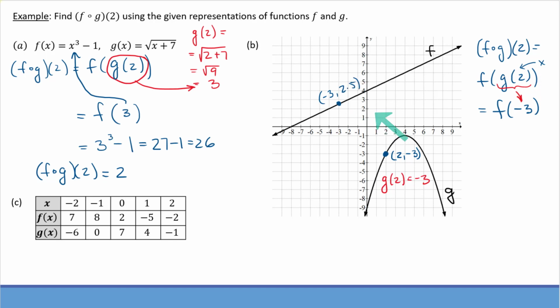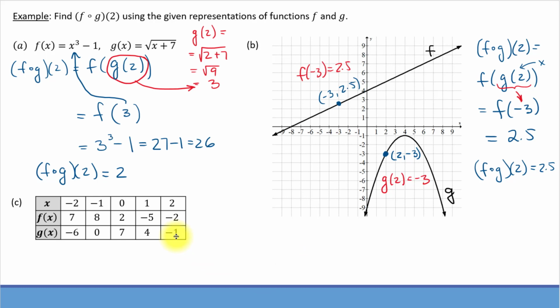Which means that f of negative 3 equals 2.5. And that's going to be our answer right here. So f composed with g of 2, in this case, based on the newly defined functions f and g, is 2.5. Again, all these three examples have nothing to do with each other as far as the definitions of functions f and g. We kind of start from scratch every time.